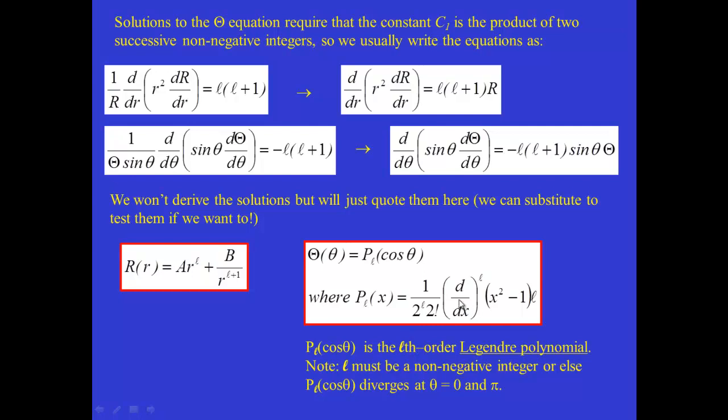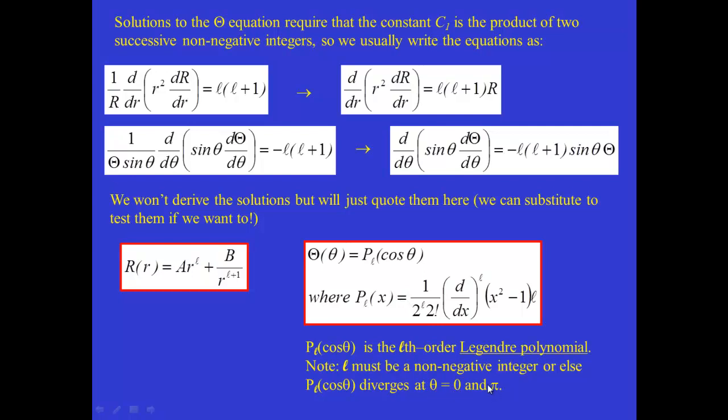It's important here that L has to be a non-negative integer, or else P sub L of cos theta diverges at theta equals 0 and theta equals pi. This is one of the reasons that we had to have L be a non-negative integer, so that these solutions would not have these annoying singularities at values of theta that we run into all the time, the poles of the problem.